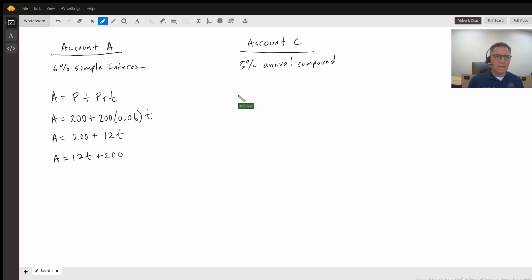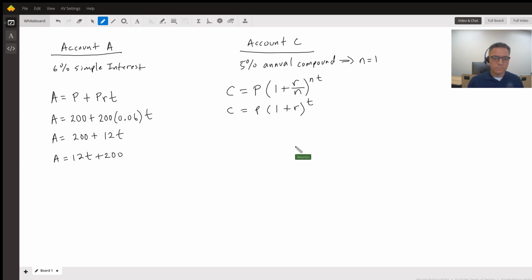And so the formula for that is, actually, let me use C for the future amount in account C. So the future amount in account C will equal the initial investment P times 1 plus the interest rate over n, the number of compounding periods, raised to the n times T. Since we have annual compounding, that means n equals 1. And so this formula reduces to C is equal to P times 1 plus R raised to the T, where T is in years.